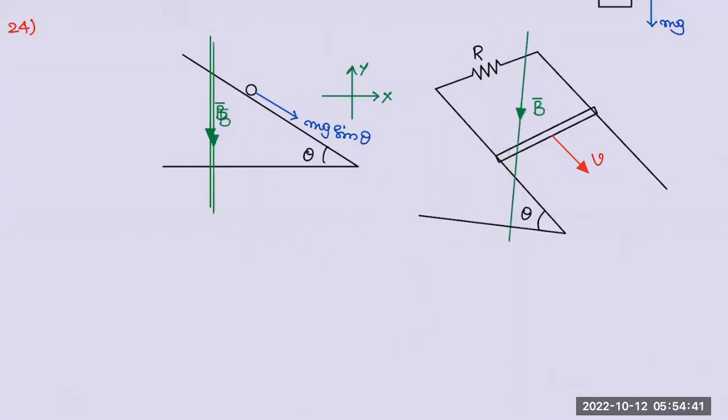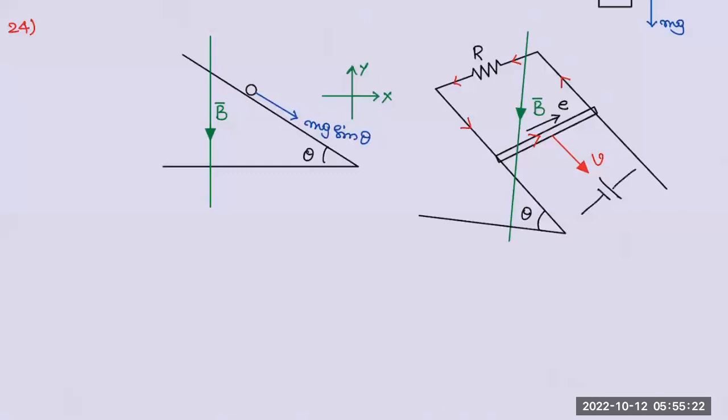Now if you see, velocity V will be like this. So V cross B, if you use the right hand thumb rule, will be perpendicular to the magnetic field, and I can say it is along this line. EMF will be in this line. So when EMF is in this line, current will be like this. Can you understand this? This is the direction of EMF, E, or I can treat it like this.